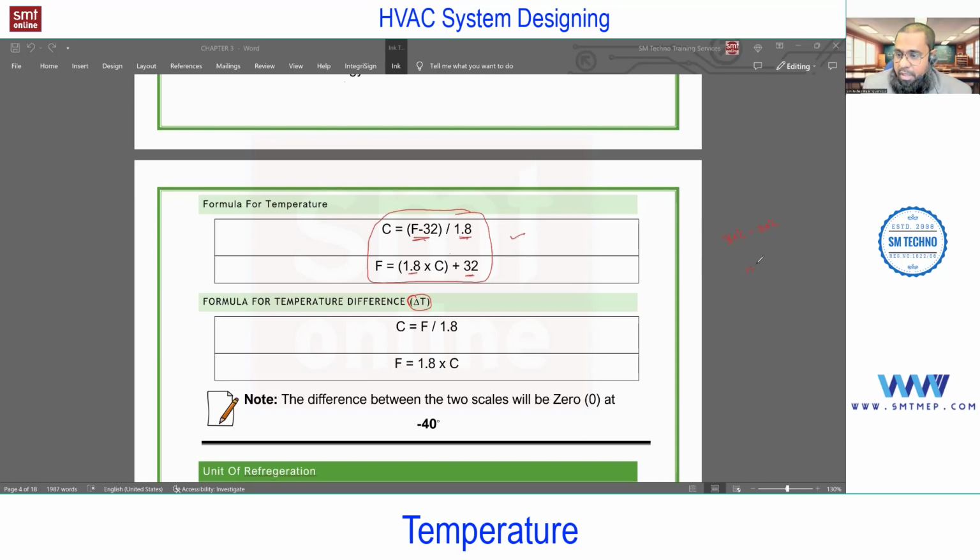This is what? 10 degrees centigrade. If I convert this 10 degrees centigrade with this formula, F equal to 1.8 C plus 32, can you please calculate this? 1.8 multiplied by 10 plus 32. 50. This is 50 degrees Fahrenheit.